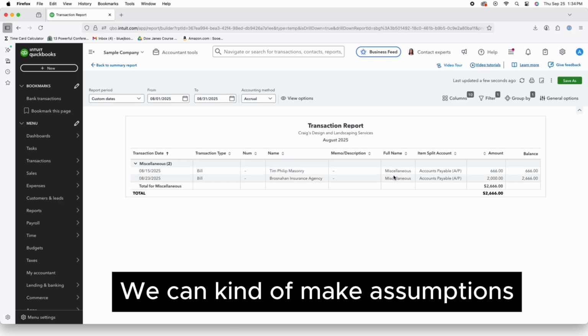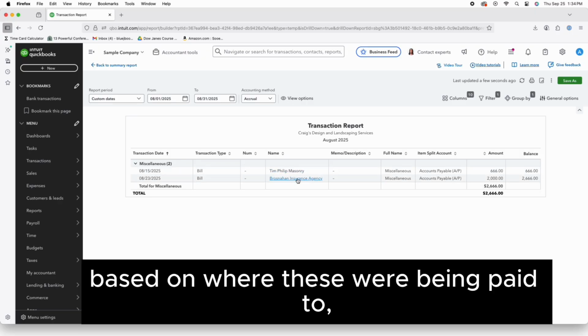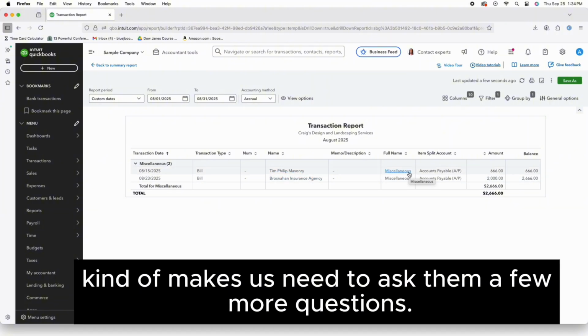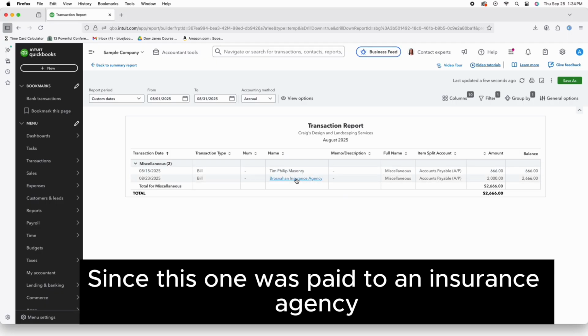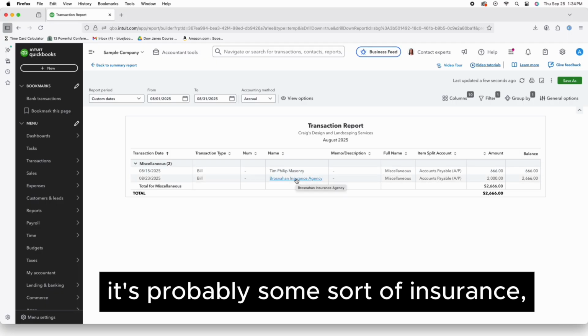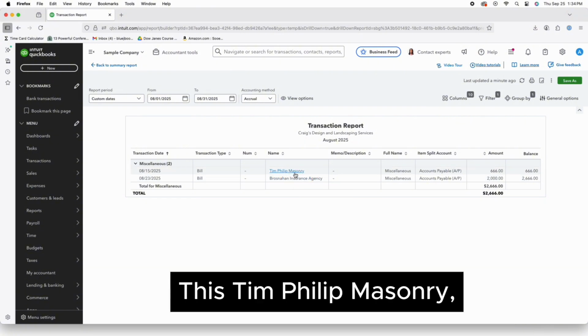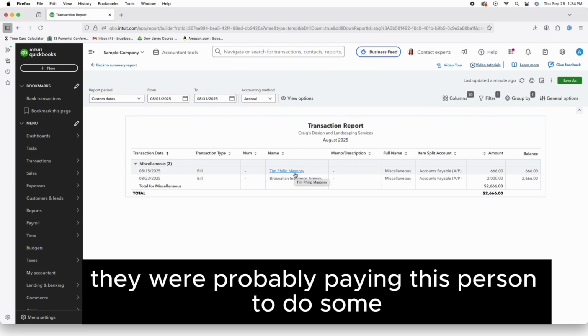We can kind of make assumptions based on where these were being paid to, but the fact that they put them in miscellaneous kind of makes us need to ask them a few more questions. Since this one was paid to an insurance agency, it's probably some sort of insurance, but we should probably find out which kind. This Tim Philip Masonry, they were probably paying this person to do some work for them.